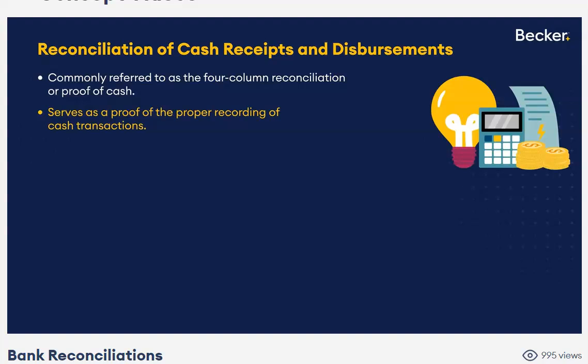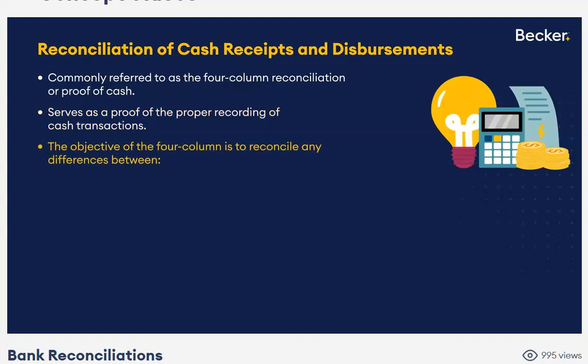Okay, so what we want to do is have a proof, so to speak, of the proper recording of cash transactions. You're going to see all 4 columns are going to have totals. Whether it's the book or the adjusted book or the adjusted bank, those 4 totals should be the same. Last month's balance, total of receipts, total of payments, and then this month's true cash balance, all right?